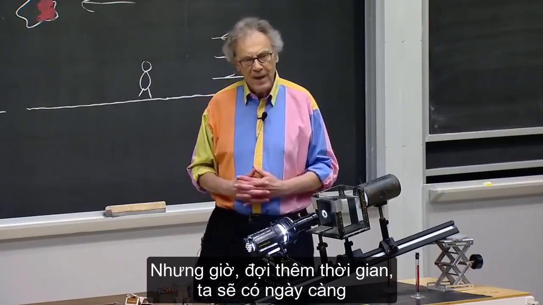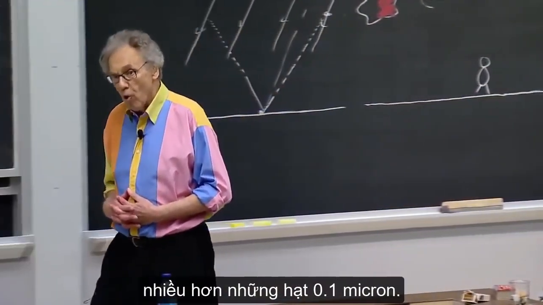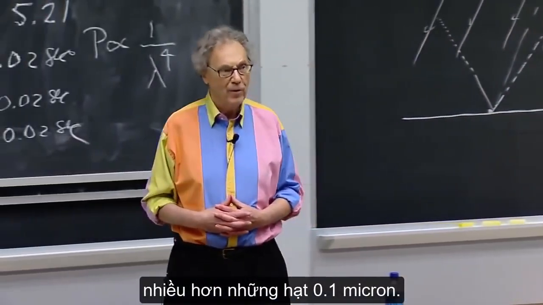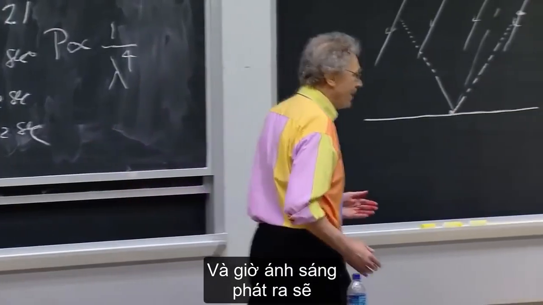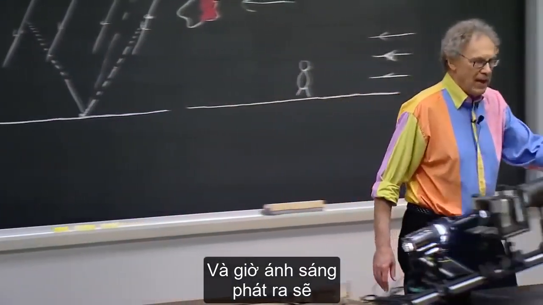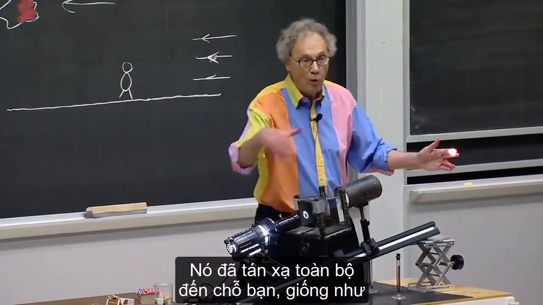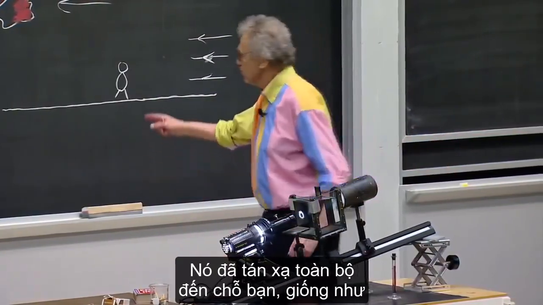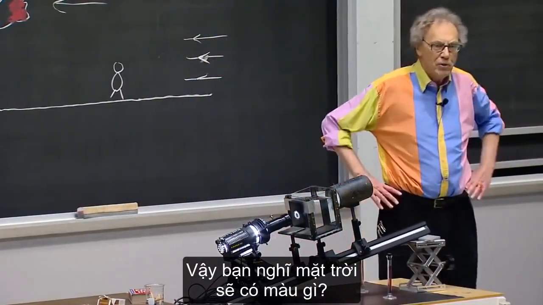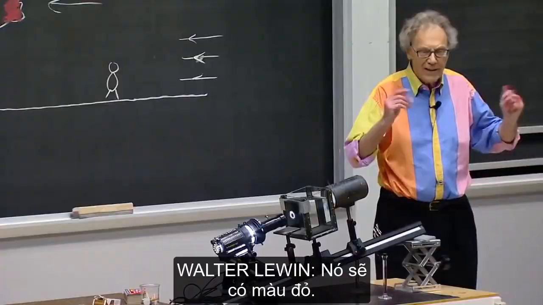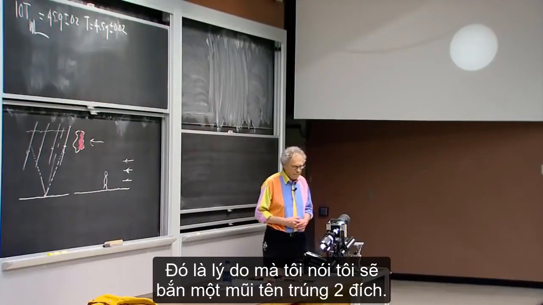But now, as time goes on, we will get more and more of those 0.1 micron particles. And so the light that comes out here has no blue in it anymore. It doesn't have any green in it anymore. It's all scattered in your direction, just like here with the sunset. So what color do you think the sun is going to get? It's going to be red. That's why I said I'm going to kill two birds with one stone.